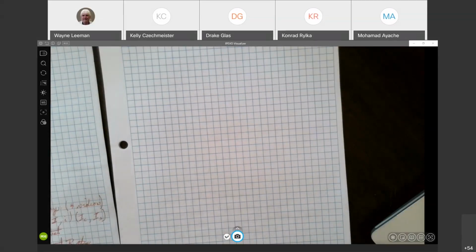I want to simply know if you cannot see it. But I see a couple people have indicated that, so I'm going to interpret that to mean that you are now seeing that graph paper.